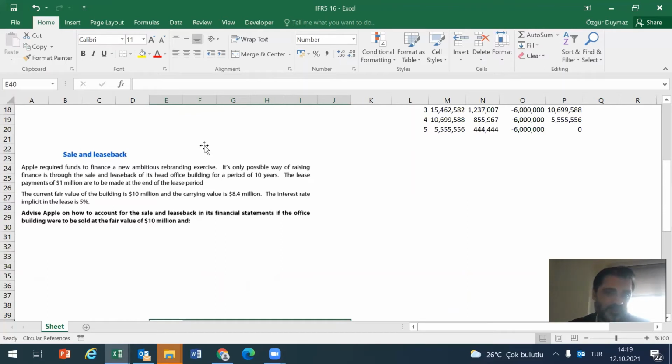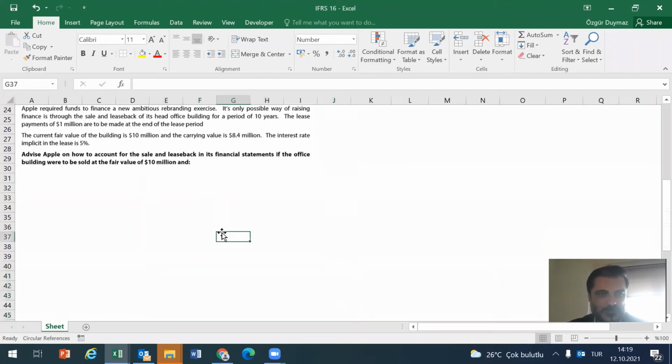The arrangement is for 10 years. Each year payment is 1 million. The current value of the building is 10 million. The carrying value in the accounting record was 8.4 million. The interest rate for this arrangement was 5%. How to record this arrangement?